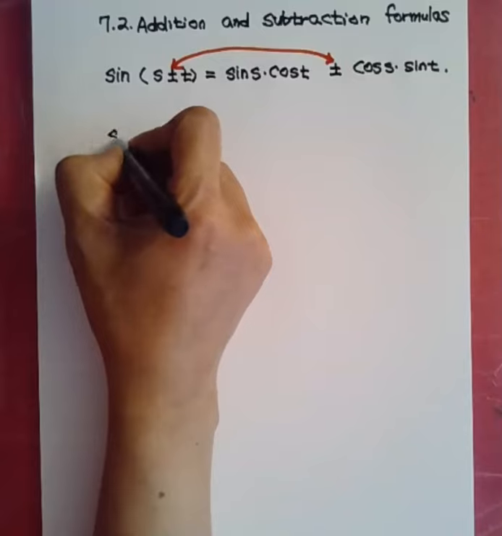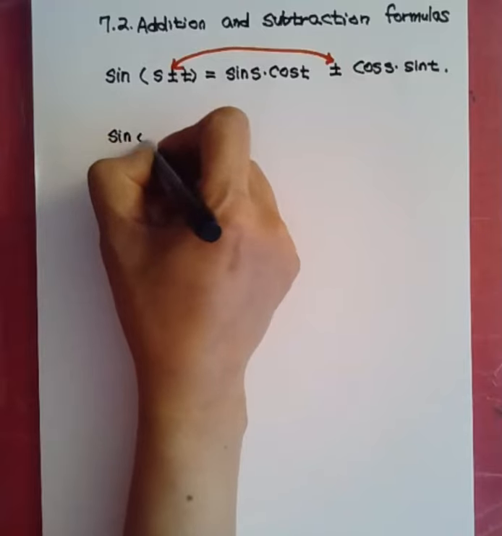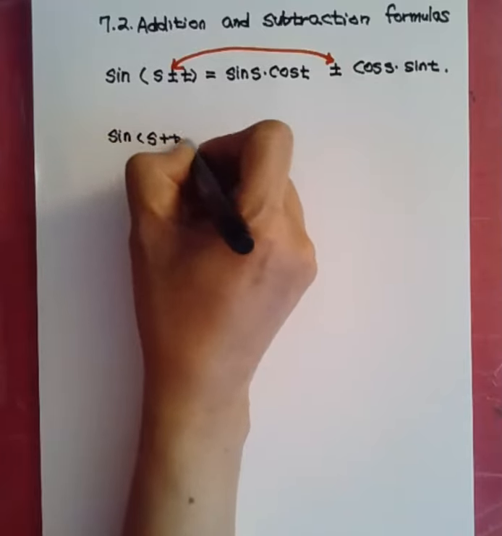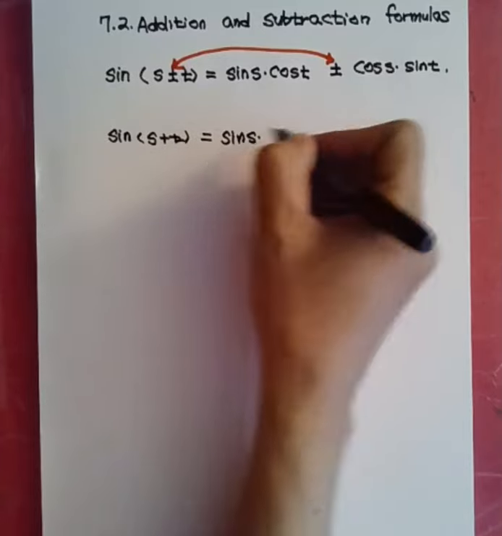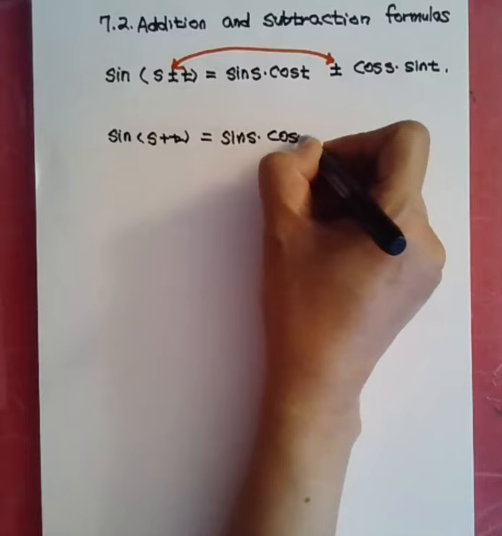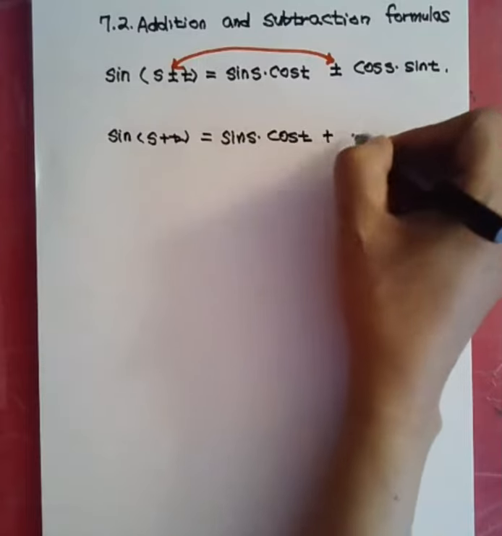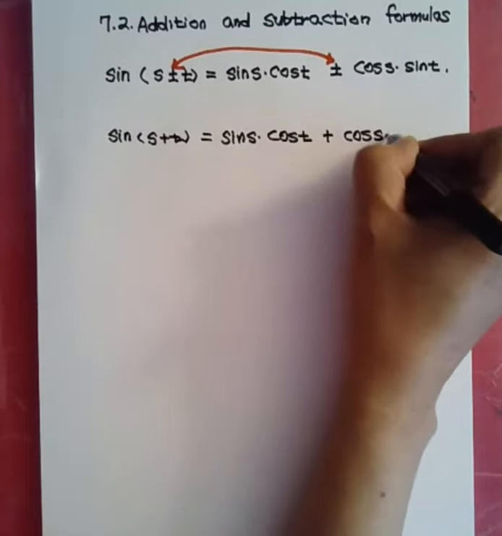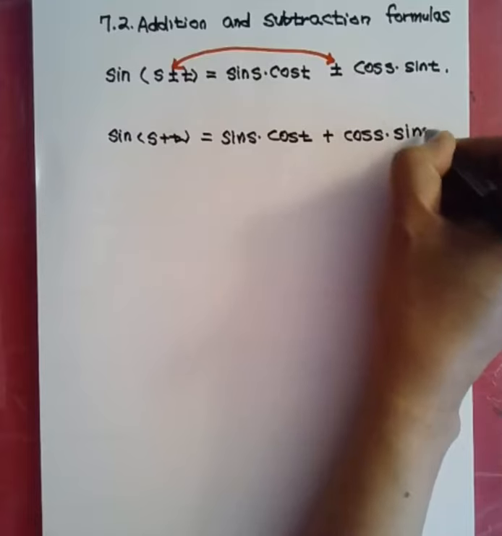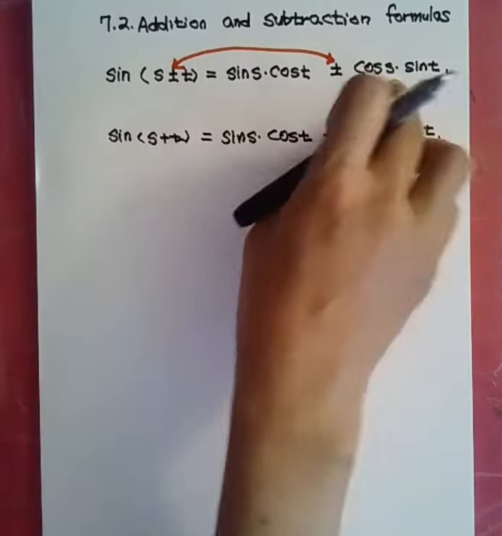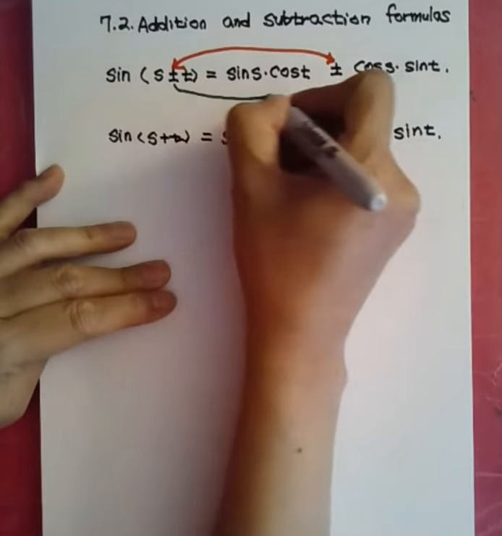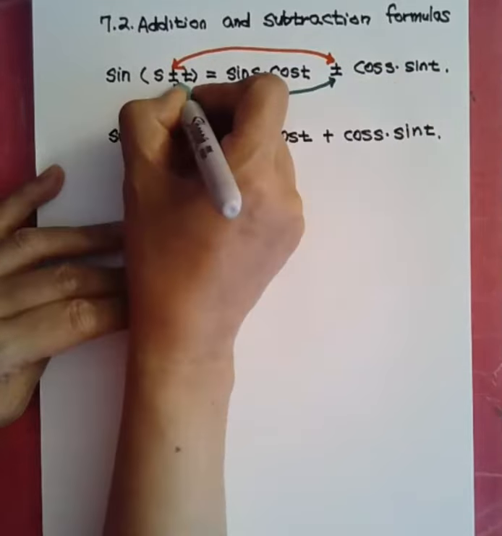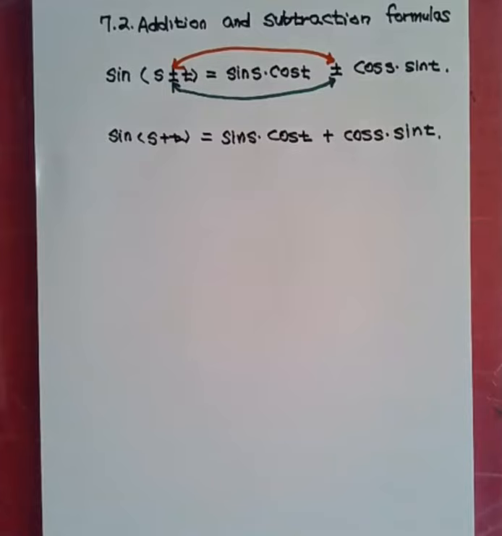So that means sine of s plus t is sine of s times cosine of t plus cosine of s times sine of t. So plus will be combined with plus and minus will be combined with minus.